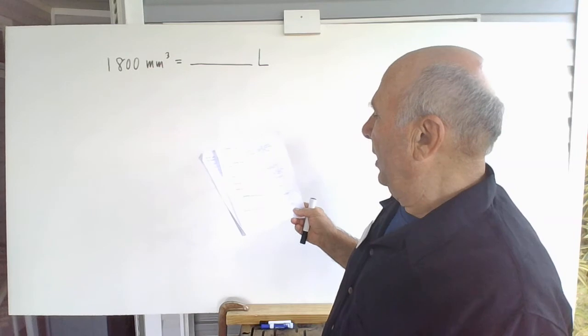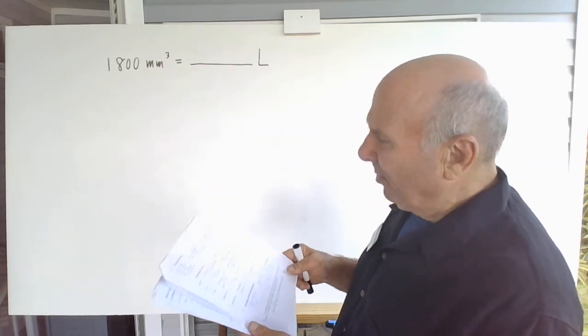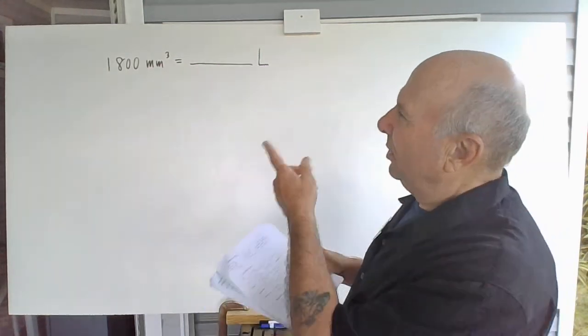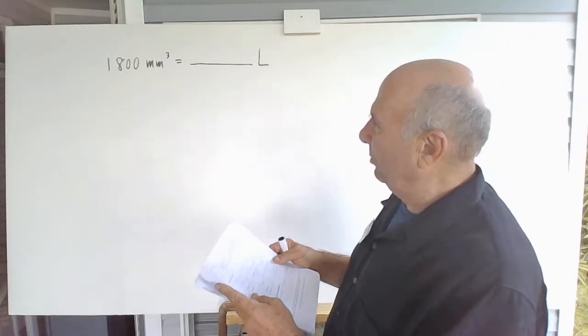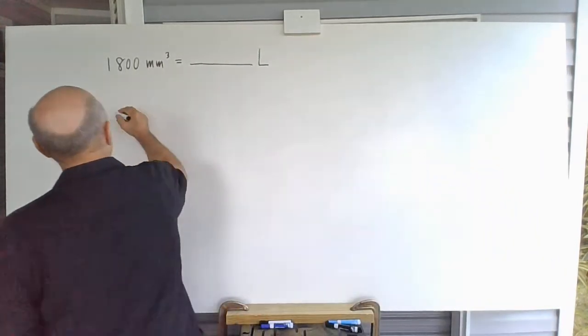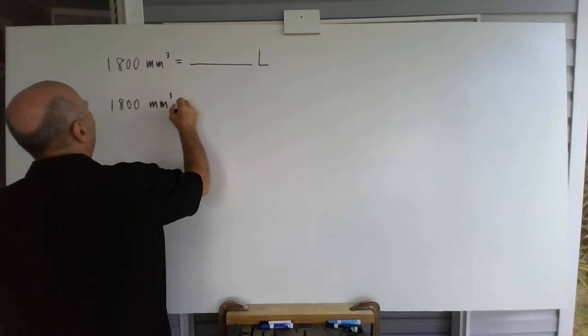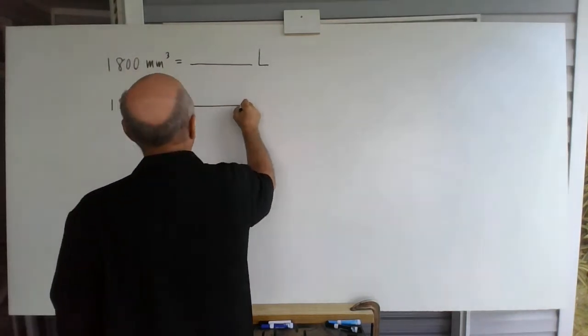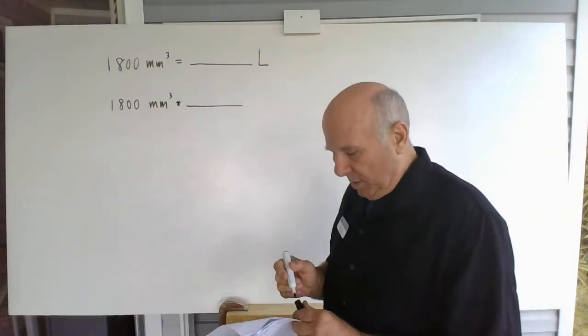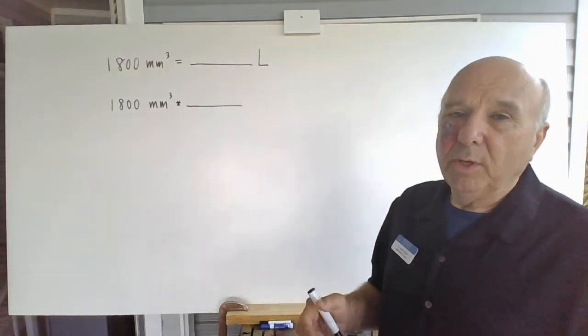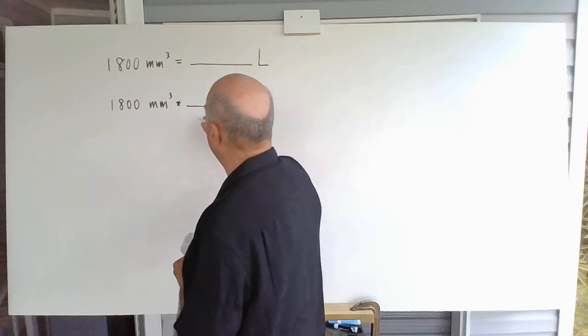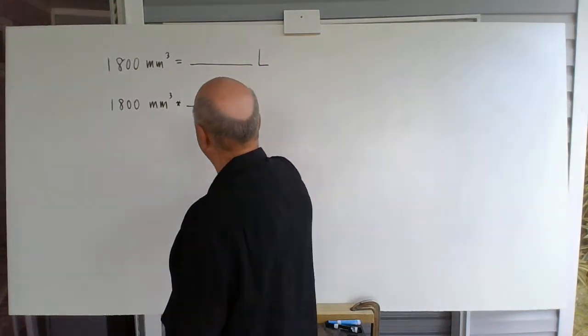If I change this, it'd probably be a two-step process. So if I change this to centimeters cubed, we know that there's 10 millimeters per centimeter.